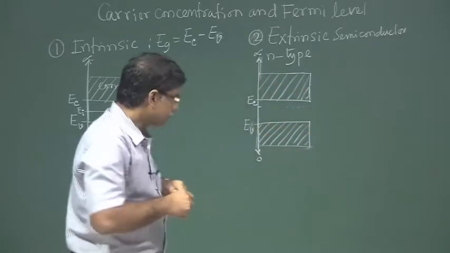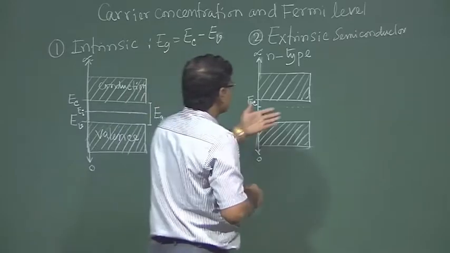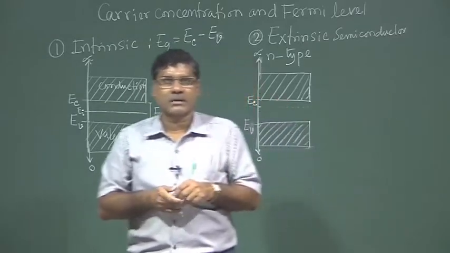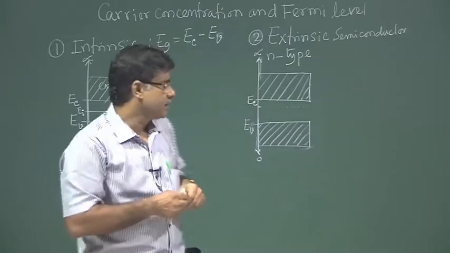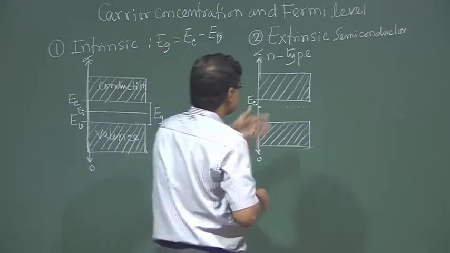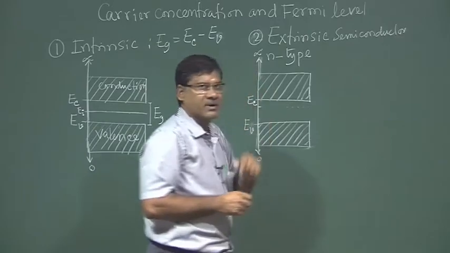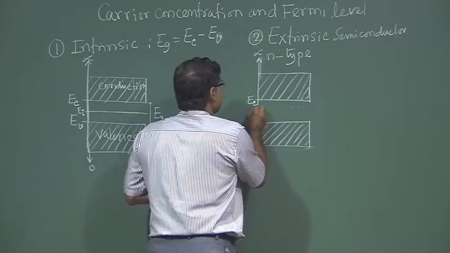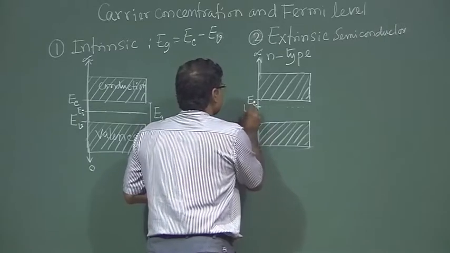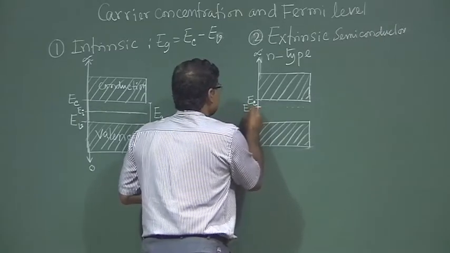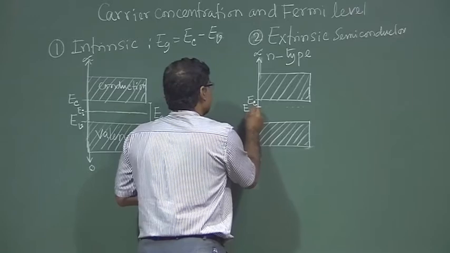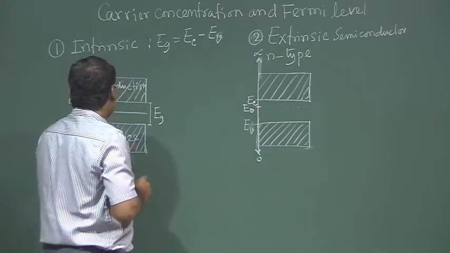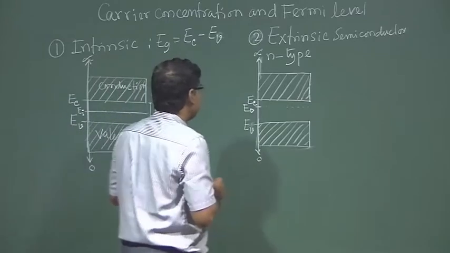Generally this difference is very small, say 0.01 to 0.03 electron volt. It depends on the semiconductor and type of dopant, of course. So, this energy level of the donor we can write as ED, right, and this Fermi level.